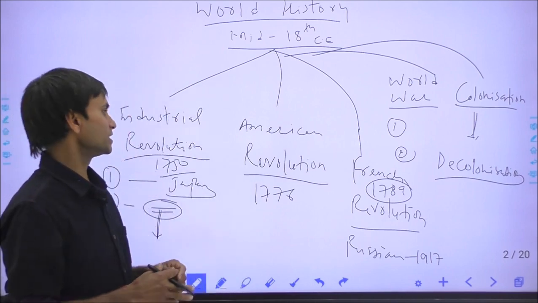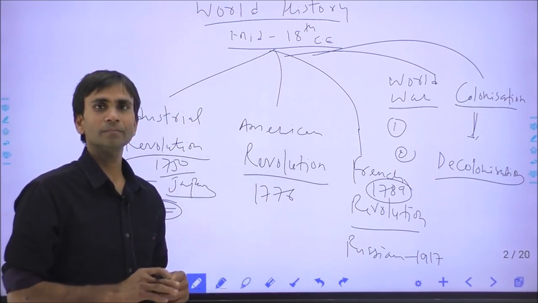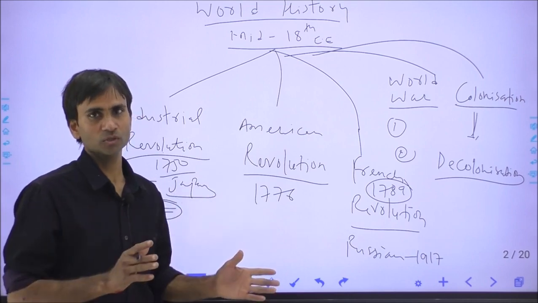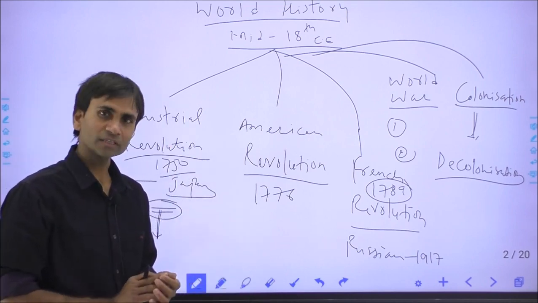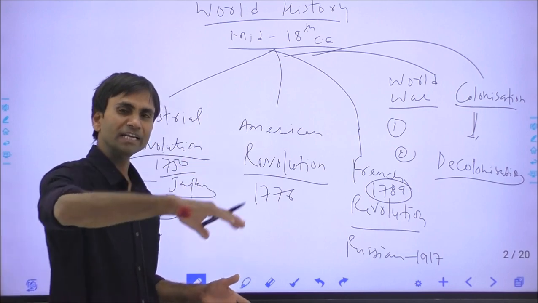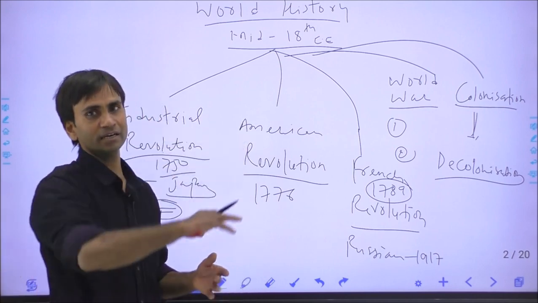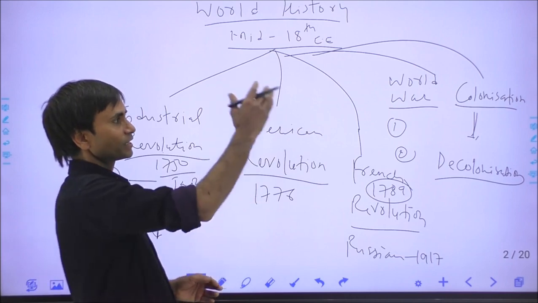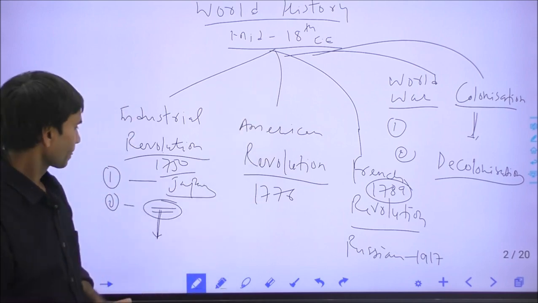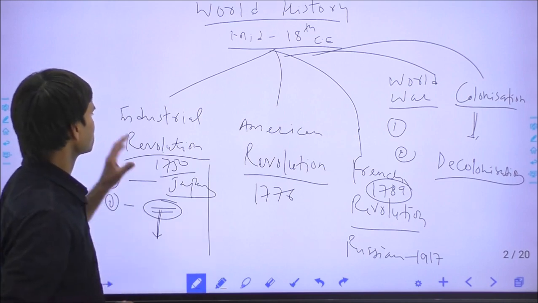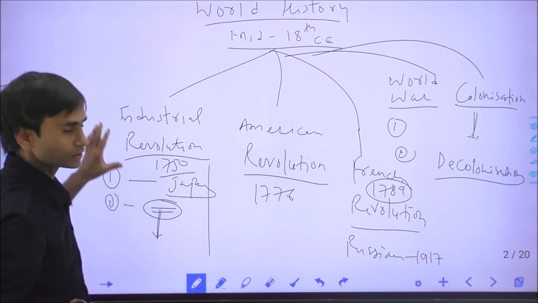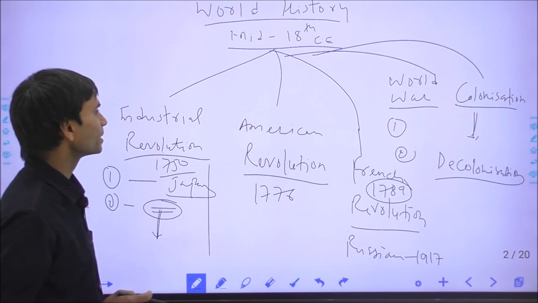And when the factories prepared excess ready-made goods and they were sold in remote areas, for this they established their colonies and settlements there, and finally this resulted in colonization. So the far-reaching impact of the Industrial Revolution you have to study. This is a more important topic.